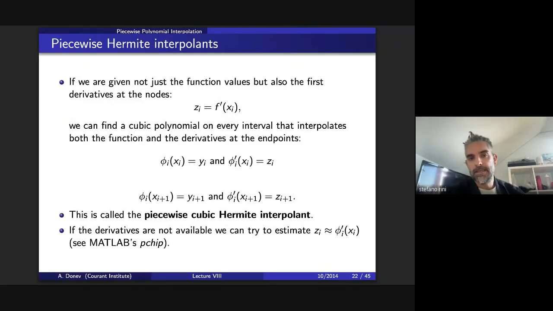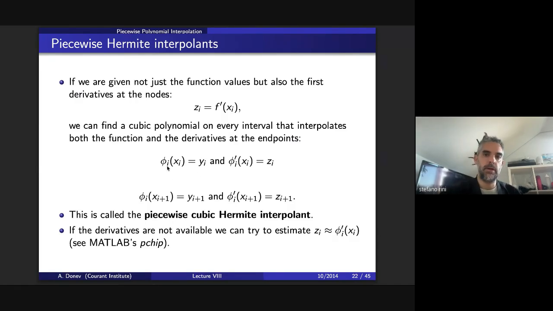Now our eyes don't see derivatives very well past the second derivative, I would say, but it's clear that if we have a piecewise linear interpolation, the first derivative is discontinuous. So we can spend another degree of the polynomial in order to smooth out the first derivative, and this will give us a piecewise cubic Hermite polynomial, right?